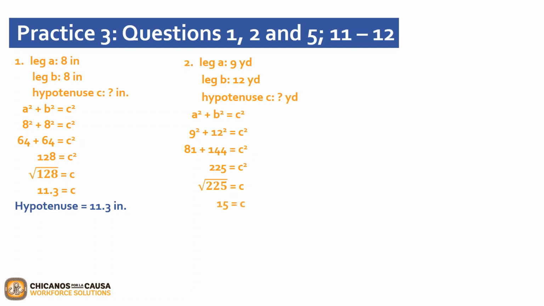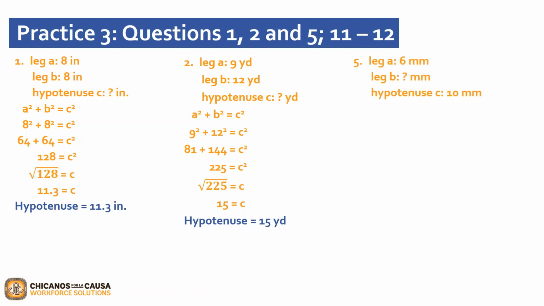Therefore, the hypotenuse for this question is 15 yards. Remember to always put the measurement unit that is given to you. For example, in question 1, it was inches, and in question 2, it is yards. Make sure that you add that.